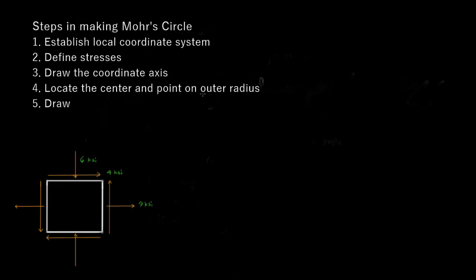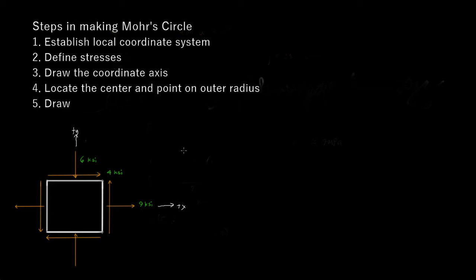Here I've summarized the process that I use in drawing the Mohr circle. The first thing that we do is establish a local coordinate system in the stress element. I'm going to use X as my horizontal and Y as my vertical. The next thing is to define stresses.